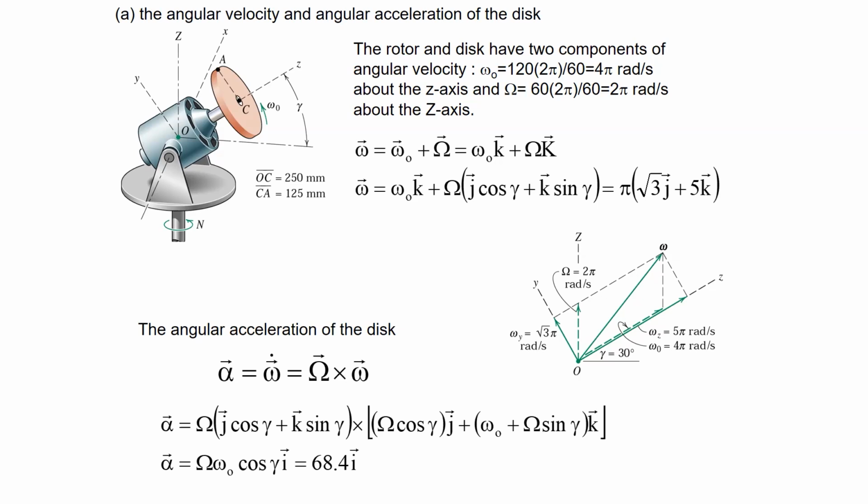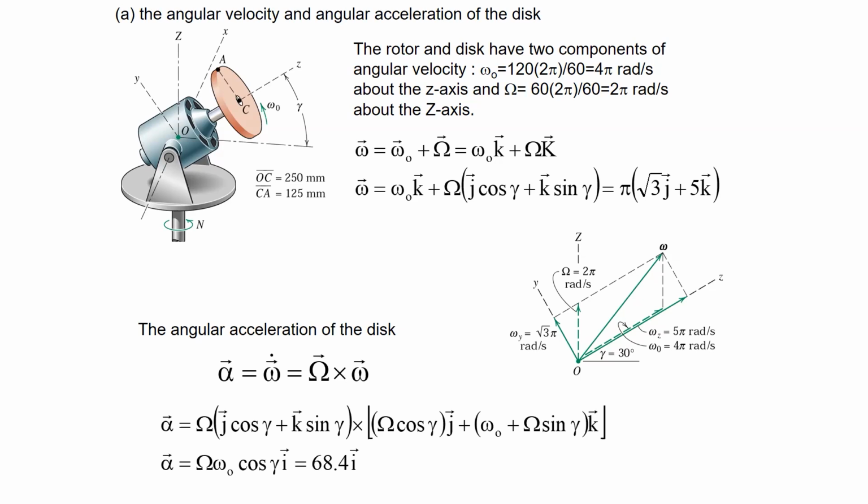That means this big K can be written in terms of small jk. So you can add them. And then if you put down these numerical values, everything is represented in terms of small ijk. So the total angular velocity of the disk, at any point on the disk, will be rotating with this kind of angular velocity. So we can find out the velocity about any point.